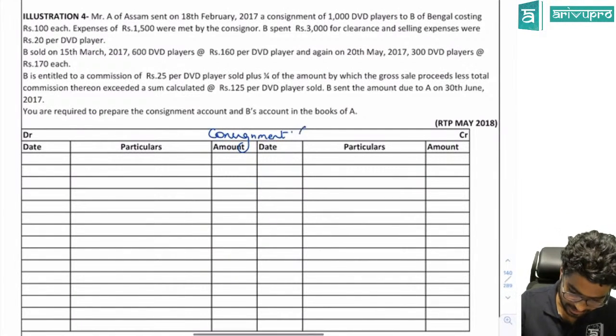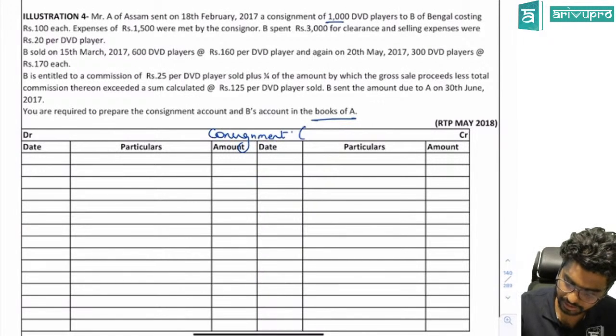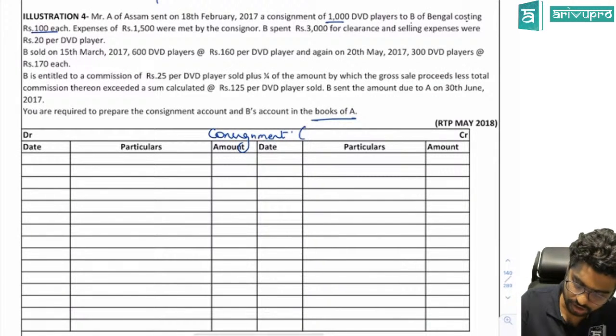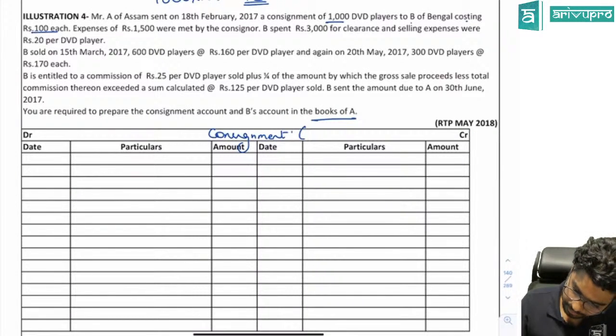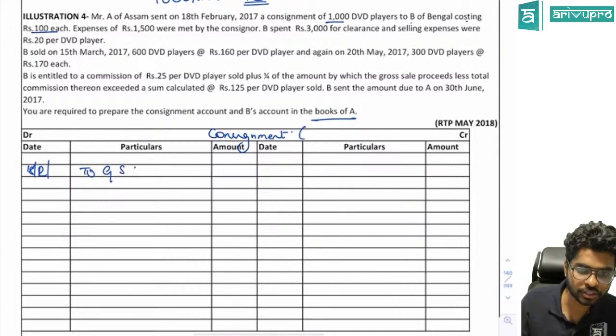Consignment in the books of A is what I'm doing. Mr. A of Assam sent on 18th Feb a consignment of 1000 DVD players to B, costing 100 each. So cost of consignment is 100 into 1000, 1 lakh rupees. So on 18th Feb, goods sent on consignment.